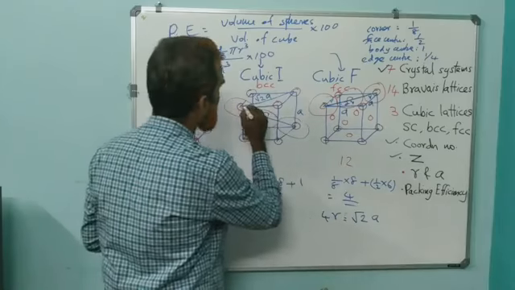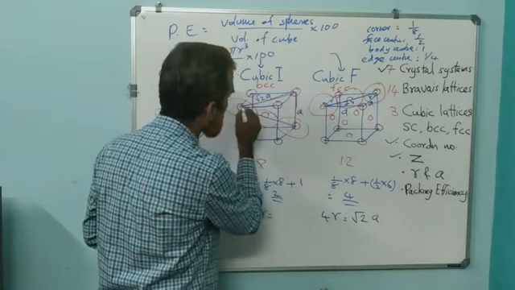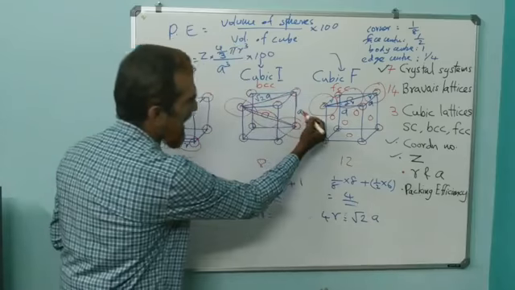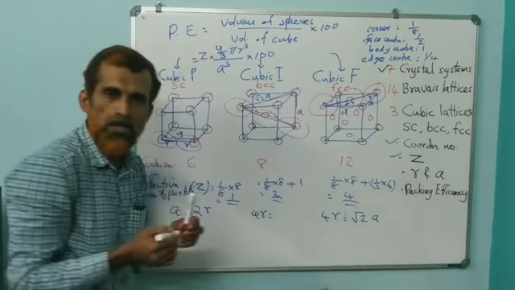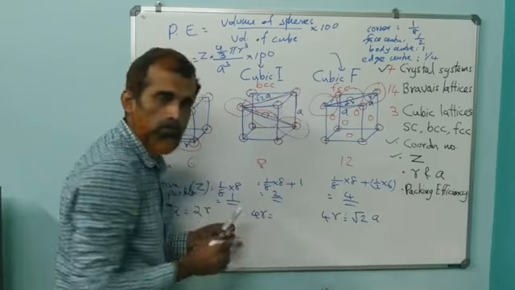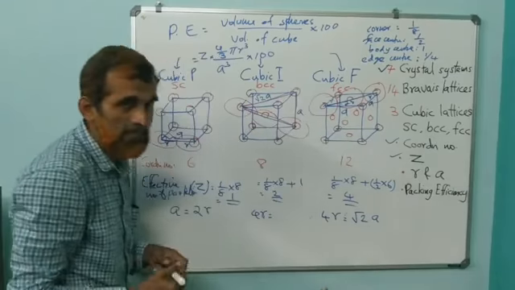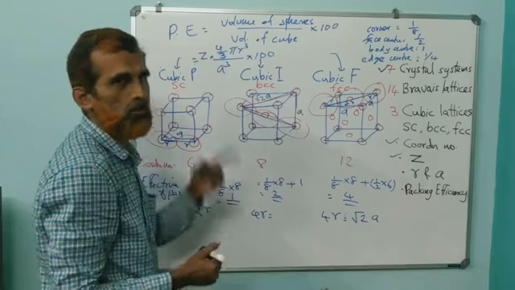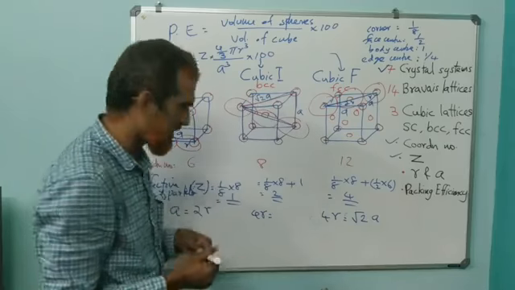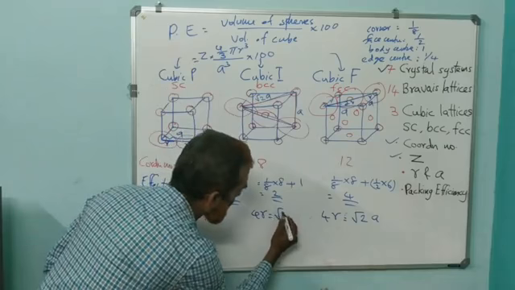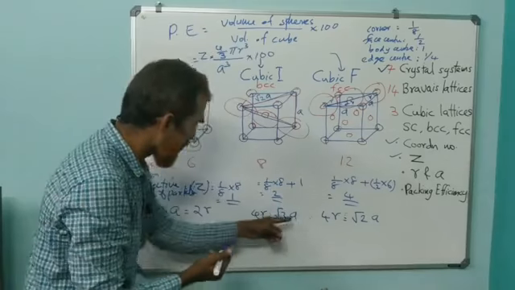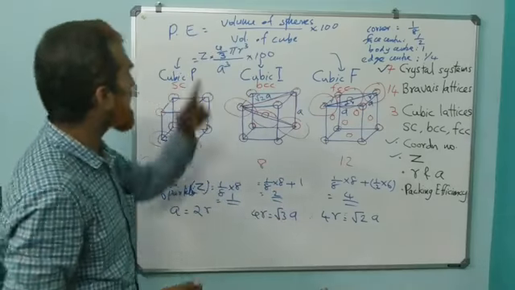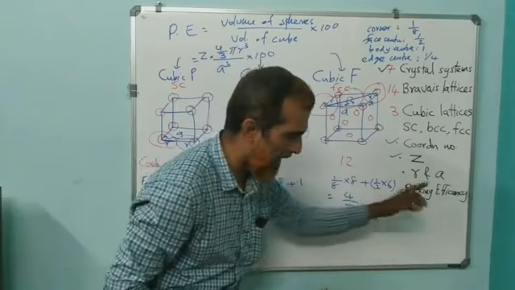A is here, root 2 A is here, and this is 90 degrees. Again Pythagoras: root of the square of this and the square of this, which comes to root 3 A. That means the body diagonal of a cube is root 3 A. So these relations can be put in this equation to work out packing efficiency.